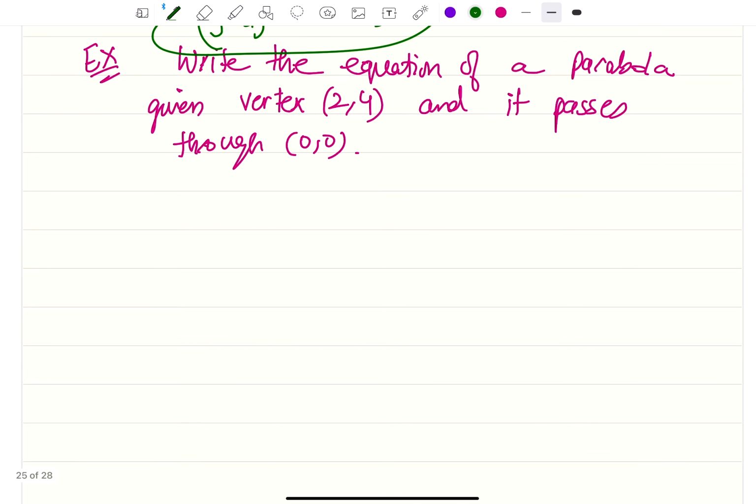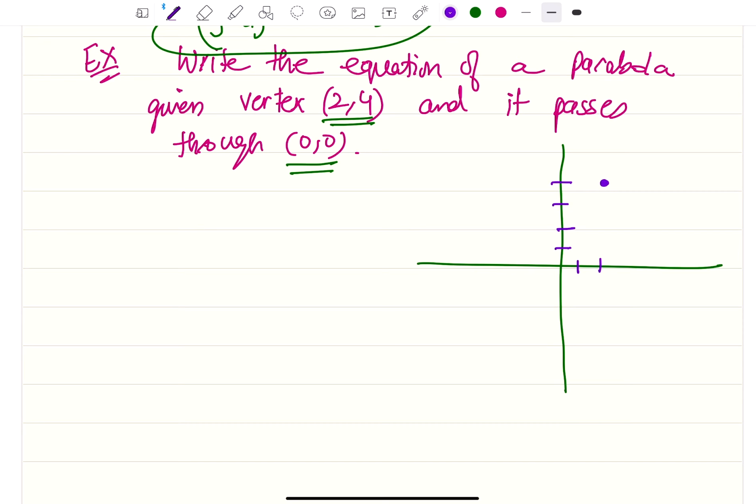Another equation of parabola, write the equation of parabola. We are given the vertex and it passes through 0, 0. Let's go ahead and plot it just to get the estimate. So the vertex is at 2, 4, x is 2, y is 4, and it passes through 0, 0. Actually, there's two possibilities. There can be a parabola that opens down, or it could be a parabola that opens to the left.